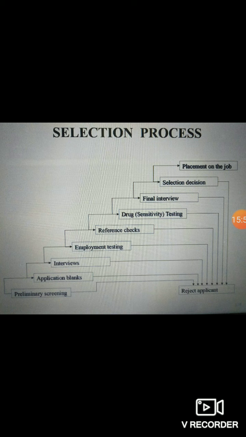We will be adding 20% or 30% in addition to the required number, because there are a lot of possibilities that even after accepting the offer, the candidate may not be joining on the date of joining. At that time, if you find a candidate who was already offered the job is not joining, you can't again go straight away to the preliminary screening step and all these stages, isn't it?